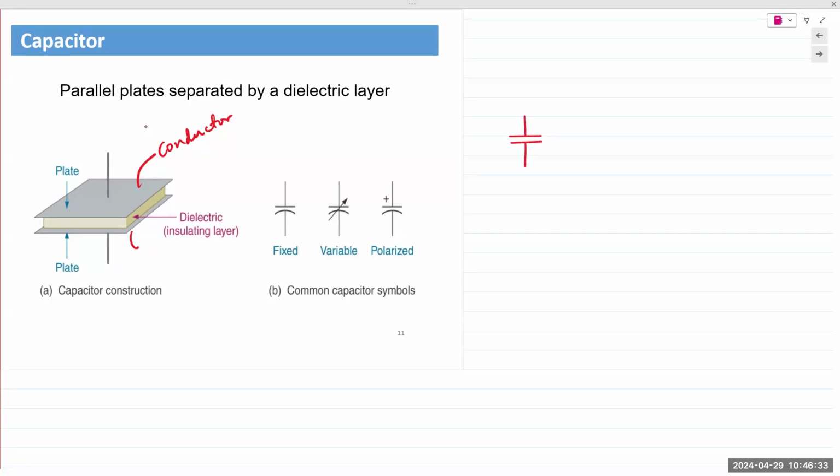Sometimes they are concave, like the one shown in the figure here. If there's an arrow through it, it simply means it's variable. That arrow applies to resistors, inductors, and capacitors.